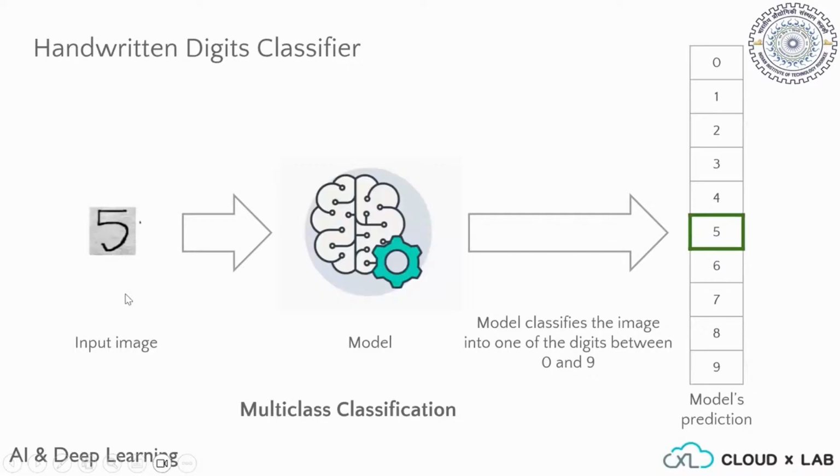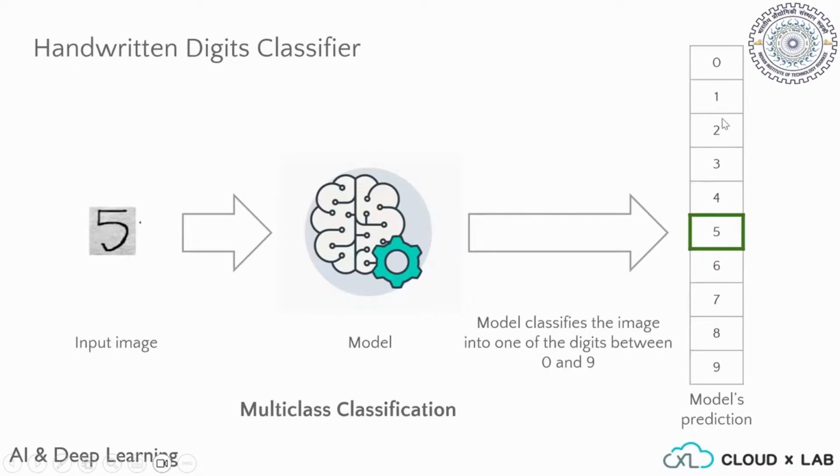Where we are having images of handwritten digits of 0 to 9, right? So for example, this is a handwritten 5-digit image, right? Now, since the handwritten digit image can be 0-digit image, 1-digit image, or let's say 9-digit image, there are total 10 categories, right? There are total 10 classes, 0, 1, 2, and so on up to 9, right?